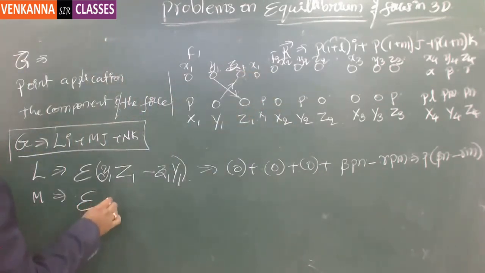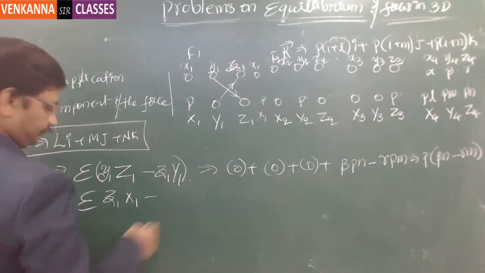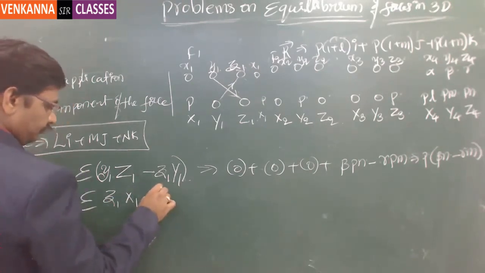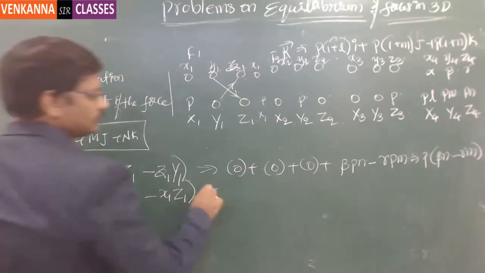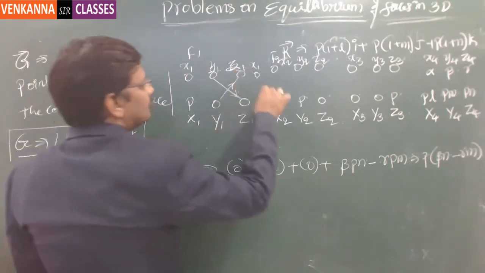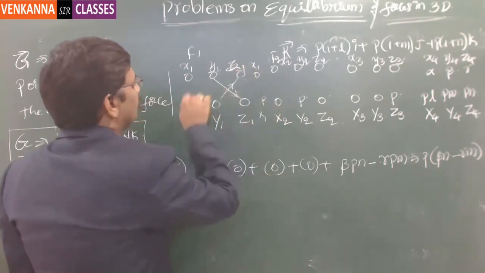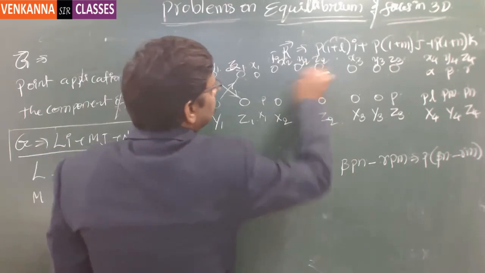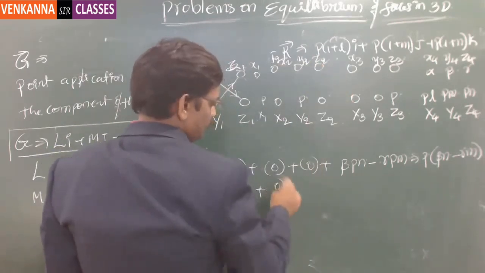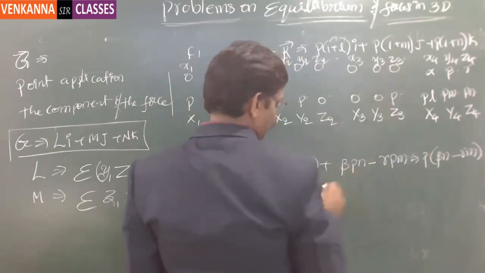So this is Z1 into X1 minus x1 into z1. So for this we have to calculate it. So 0 into p minus 0 into 0, so this is 0 plus 0 into 0 minus 0 into 0. So this is also 0, and this one 0 into 0 minus 0 into 0.